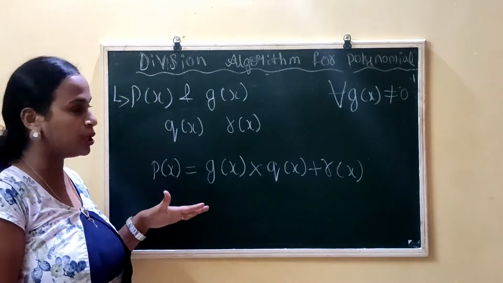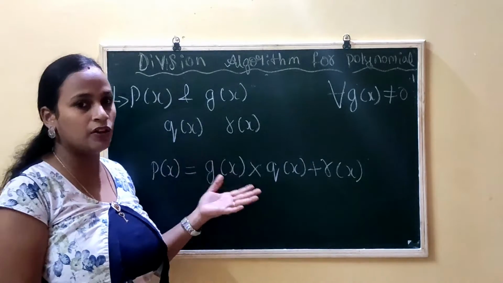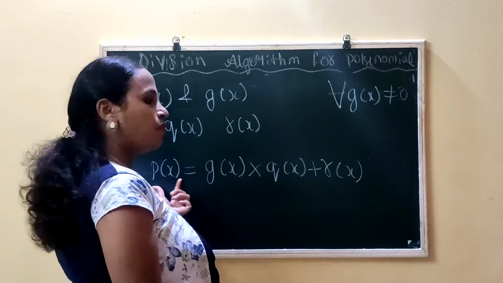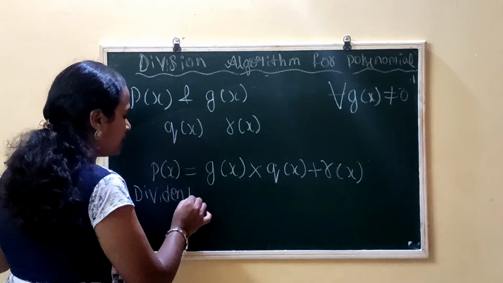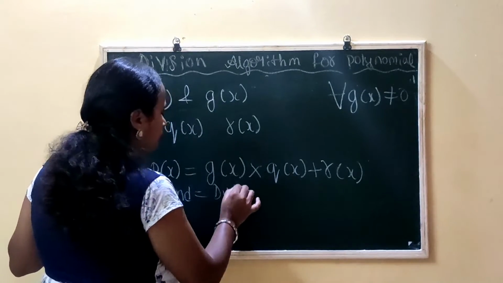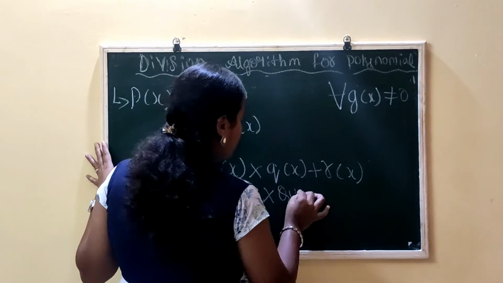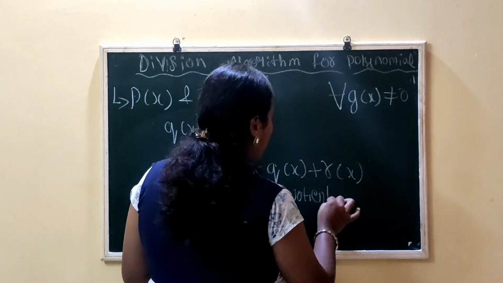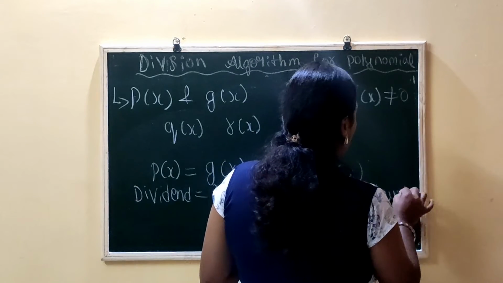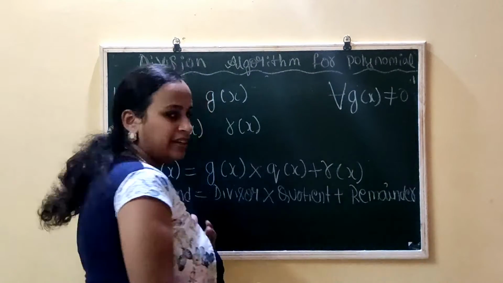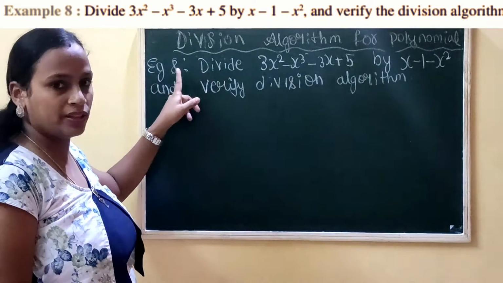This is the relationship of the division algorithm, and this is how we are going to verify it. So the dividend is equal to divisor into quotient, that is, you multiply the divisor with the quotient and add the remainder, then you will arrive at the dividend.